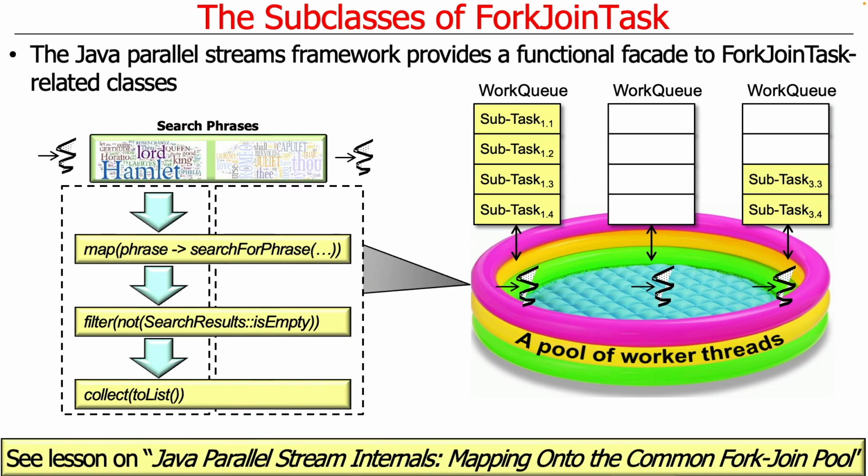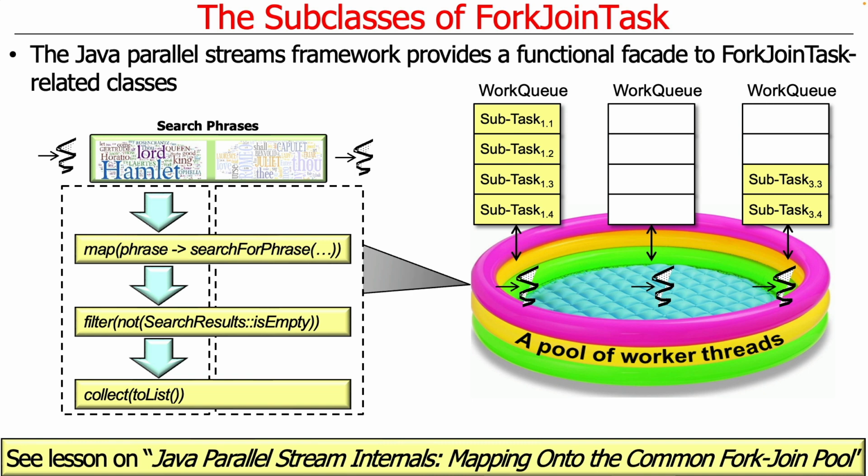However, the good news is that these other Java parallel frameworks, like Java Parallel Streams, and arguably Java CompletableFutures, although let's keep that off to the side for now, provide a nice functional facade that hides all the underlying gobbledygook going on with the ForkJoin framework. So internal to the Streams implementation, which we will look at later, especially the Parallel Streams implementation, there's the use of the ForkJoin framework, but it hides all these details behind little facades. And so you just program a pipeline of so-called intermediate and terminal operations, and those operations are passed so-called behaviors.